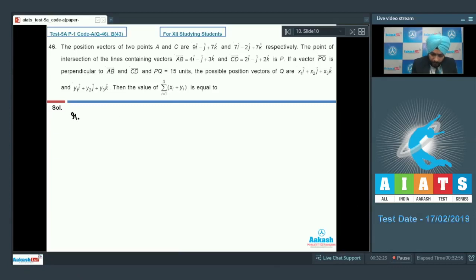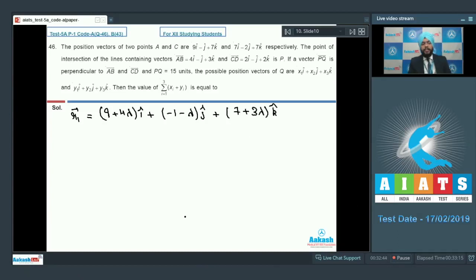First of all, R1 vector, which is describing the equation of AB, will be (9 plus 4 lambda) i cap plus (minus 1 minus lambda) j cap plus (7 plus 3 lambda) k cap, which can be alternatively written as 9i minus j plus 7k plus lambda times AB vector, that is 4i minus j plus 3k.